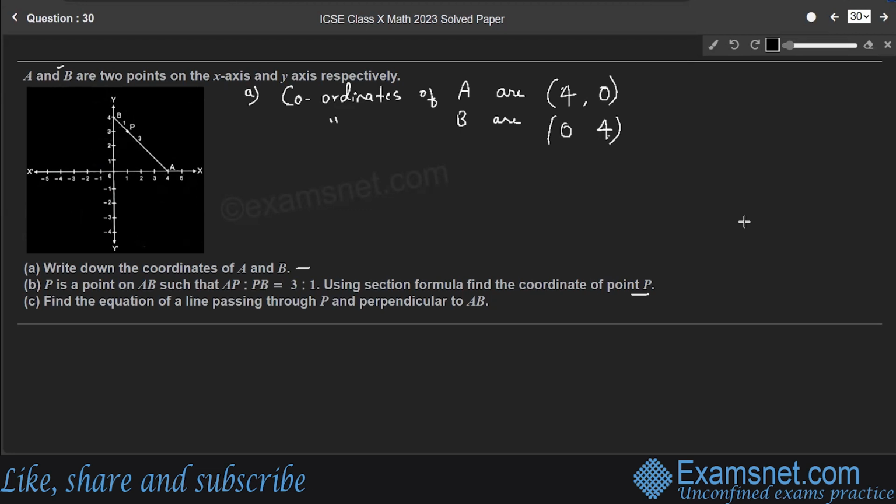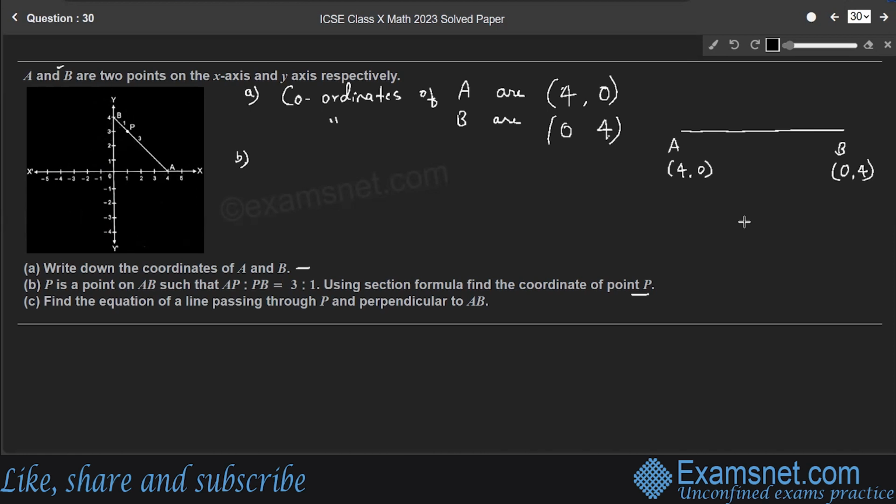Right? So next question, question B. P is a point on AB such that AP to PB is 3:1. So we need to find the coordinates of point P. For that, let us consider line AB like this. The coordinates of A are (4, 0) and the coordinates of B are (0, 4).